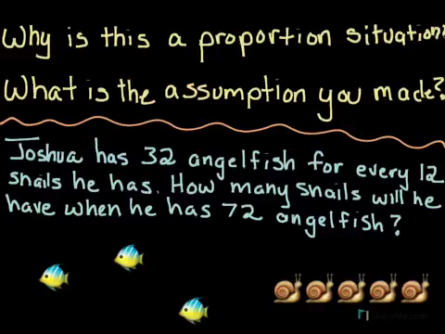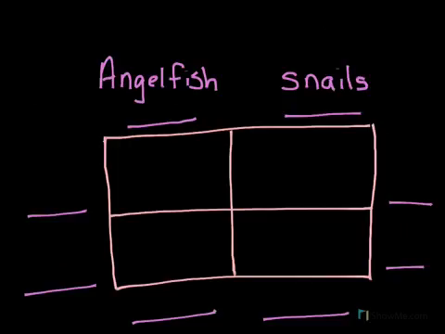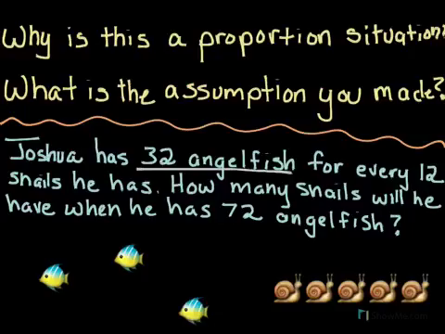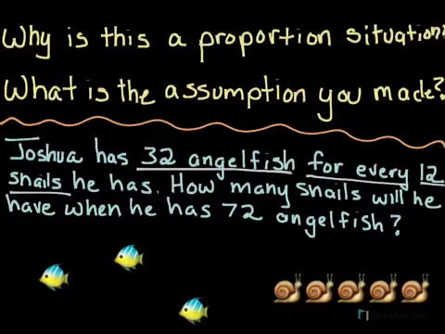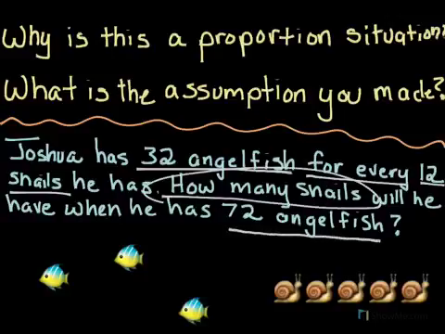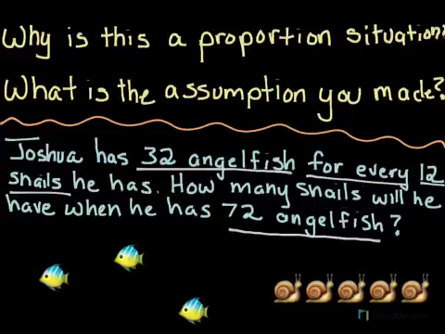I know that Josh has 32 angelfish for every 12 snails he has. I also know that he has 72 angelfish, and we want to know how many snails he would have.